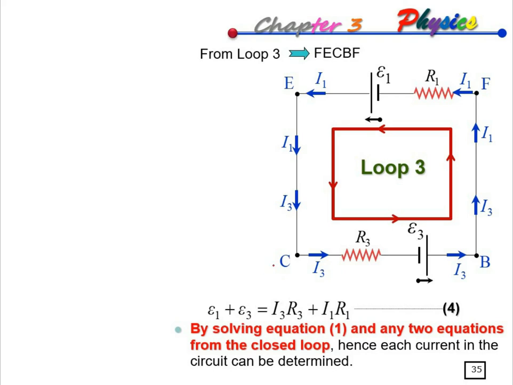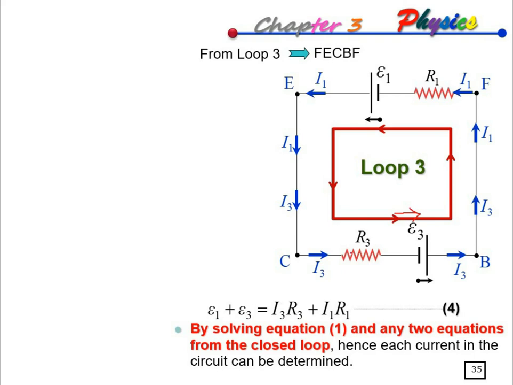Look at the direction of the loop, from the right to the left at the top, and the same for EMF number 1, so it is plus. Then it goes through here, the direction of the loop is to this side, and the direction of E3 is also that side, so it's plus also. So EMF 1 plus EMF 3 equals the product of I times R.